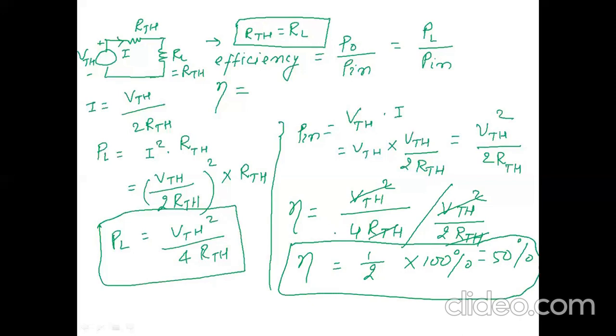This much efficiency is not a good efficiency. This is too low as efficiency for an energy conversion device. Such a device must have load resistance larger than that corresponding to the condition of maximum power.